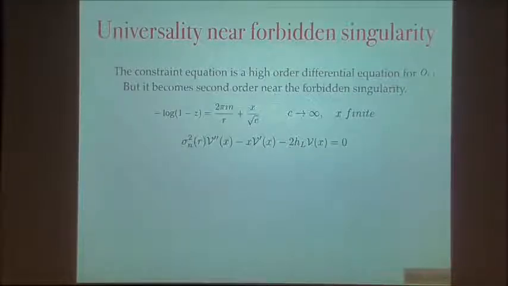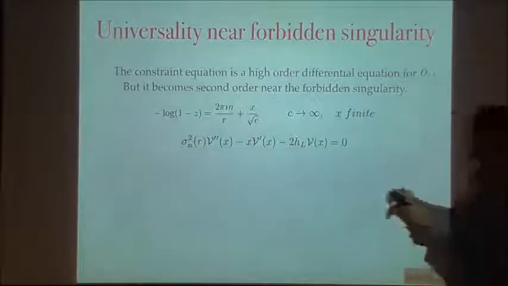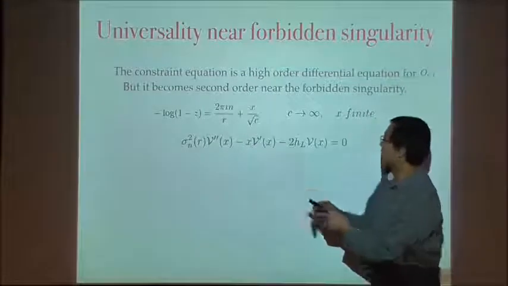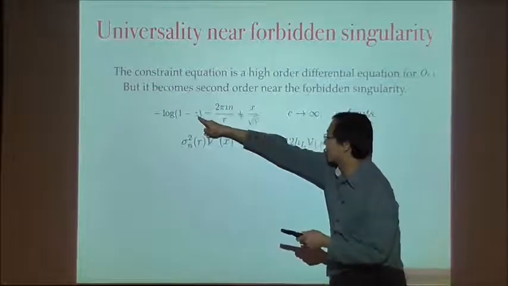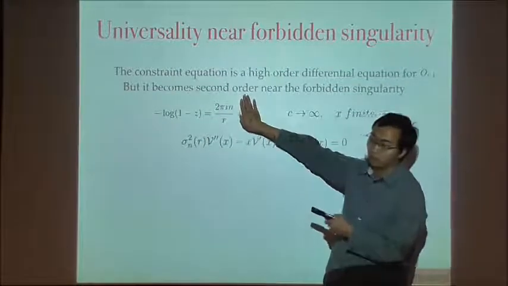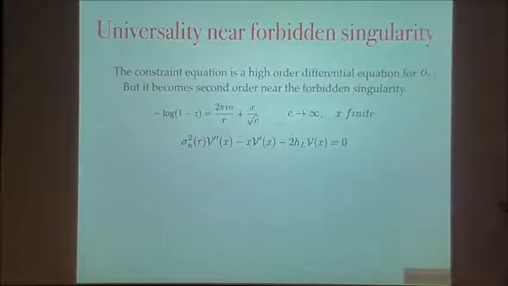But what you can do is zoom in to near the forbidden singularity. For example, when this x is 0, this z is going to exactly sit on top of the forbidden singularity. And you can go a little bit away from it, parameterized by this x, and you take the large C limit and you keep x finite. Then you're zooming in really next to the forbidden singularity.